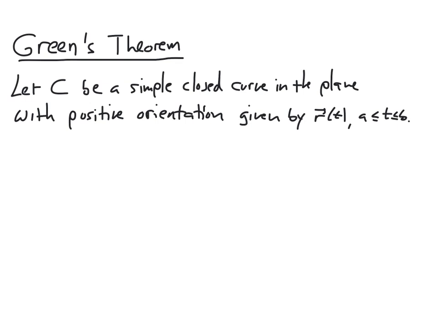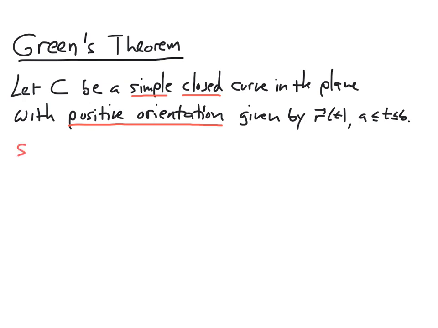Now, there are a few words here that describe this curve C, some of which we've not used before. The curve C has to be simple, it has to be closed, and it has to have positive orientation. Let's quickly define what these three terms mean.